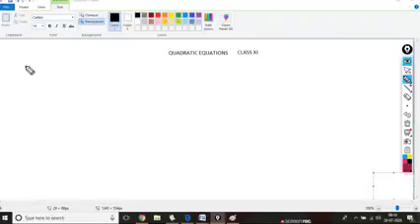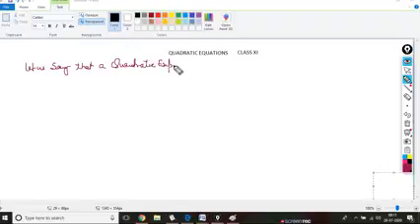Let us say I'm making an assumption that a quadratic expression y equal to ax square plus bx plus c has two roots for y equal to 0.